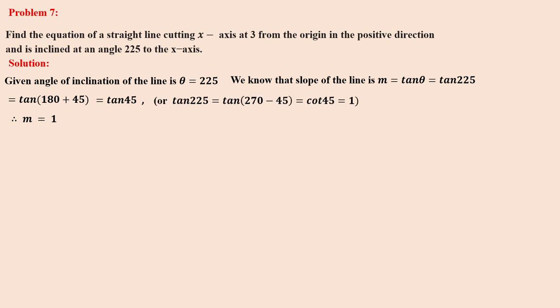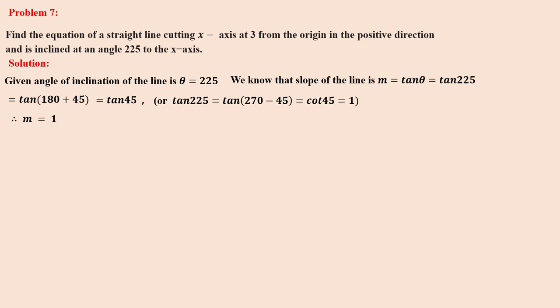Otherwise, 225 can be written as 270 minus 45, right? 90 and 270 are co-ratio angles.